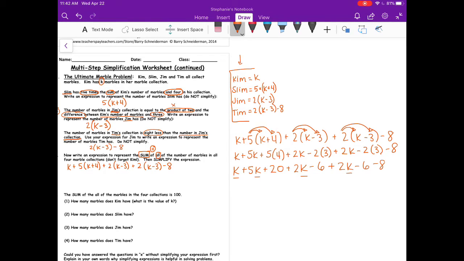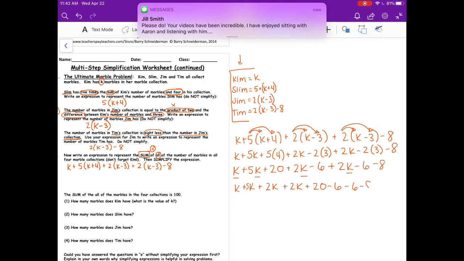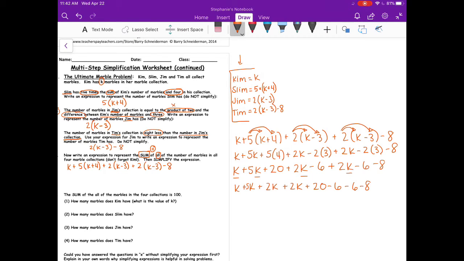Now that I've multiplied everything, I'm going to go ahead and rewrite the problem so that all of my like terms are together. So I'll put k, 5k, 2k, and 2k together because they are all like terms. I'm going to just keep simplifying them step by step.